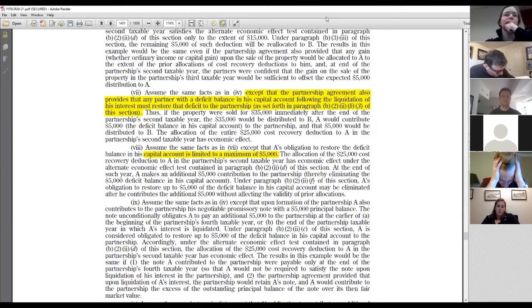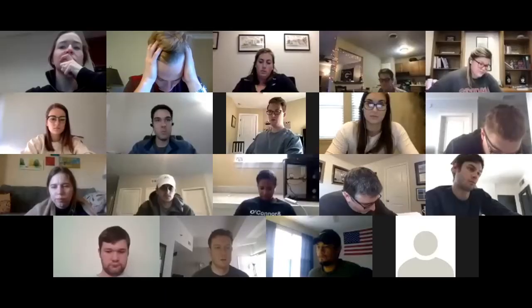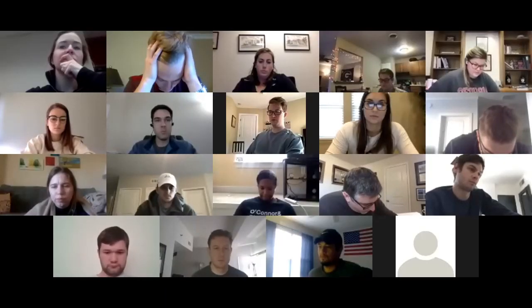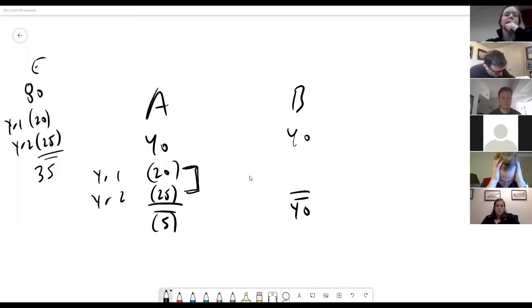So back to the same facts as in 7. And now, again, we're testing. The year 1 allocation is valid under the alternate test, the first 2 of the big 3 is satisfied. It only takes his capital account down to positive 20. So year 1 is good. Year 2 is more interesting. Year 2 says we now take him below 0.